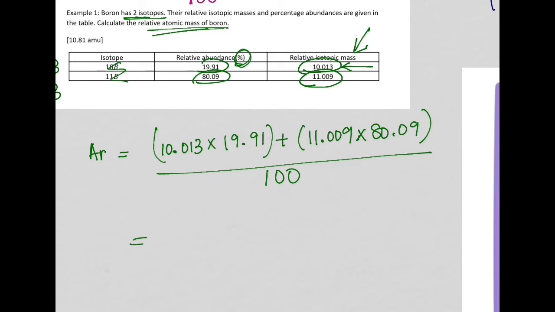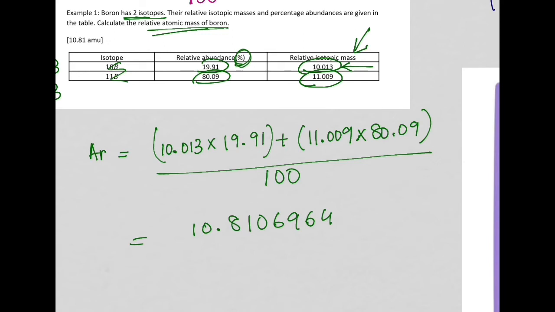If you do this correctly on your calculator, you should get 10.8106964. I've given all the values here, but when you're asked to calculate, you're not expected to give all the values. IB expects you to know how many decimal places or significant figures to report your values.